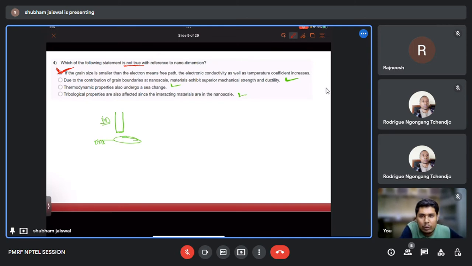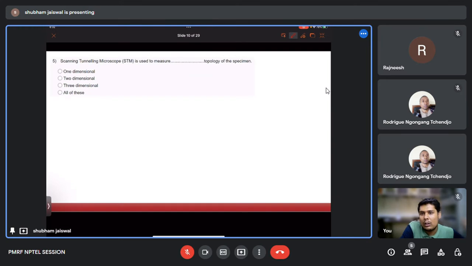So, moving to our next question. The scanning tunneling microscope is used to measure one-dimensional, two-dimensional, or three-dimensional topology of the specimen, or all of these. What do you think, Mr. Roderick?